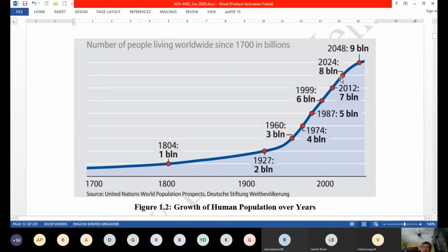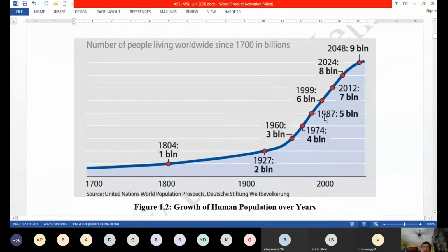We are at 2020. And if you think of 2048, it will become three times. It will triple in this period of around 90 years. So right now we are around 8 billion. There has been a very rapid rise in the growth of the human population.